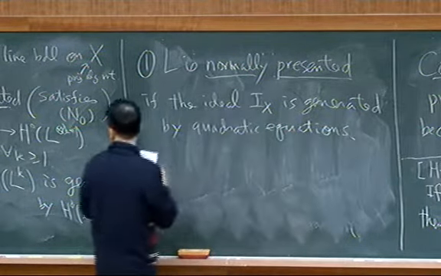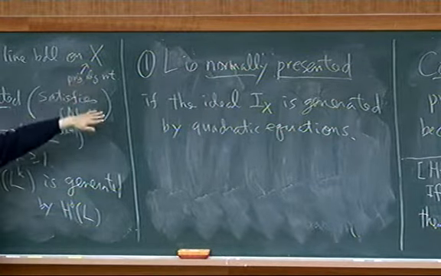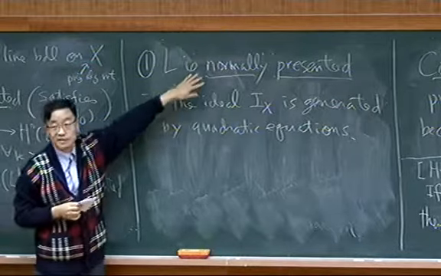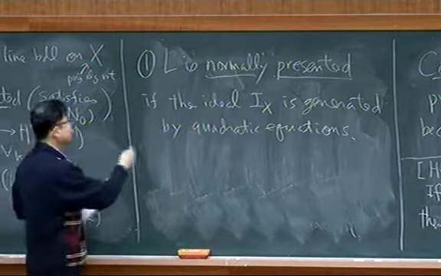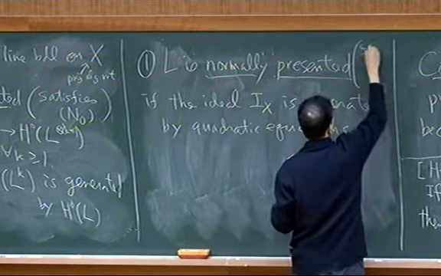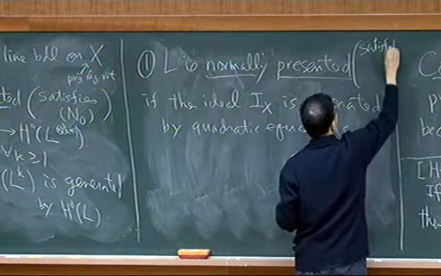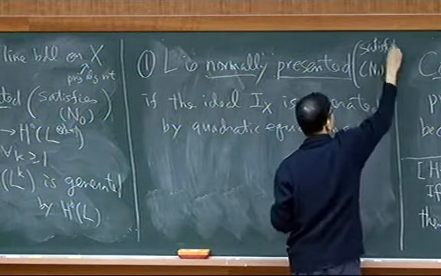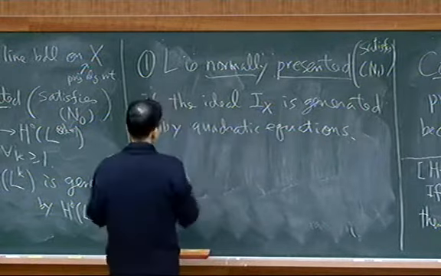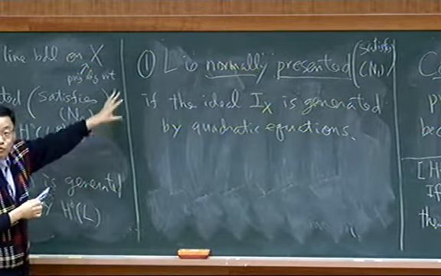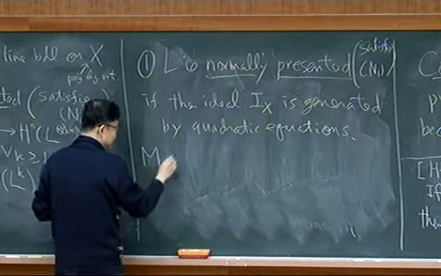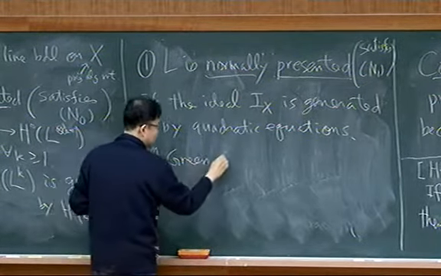In other words, you can define this X in terms of quadratic equations. Then it's called normally presented. And sometimes, instead of normally presented, we say that it satisfies N1. Now I'll define the next notion, but there's some generalization of these two notions into higher order. So now this is due to Mark Green, who generalized this.